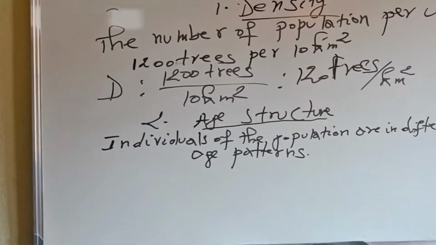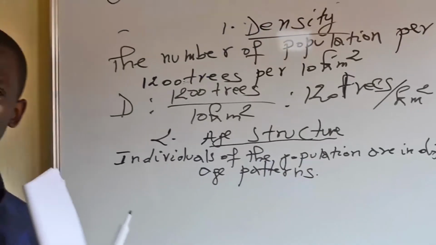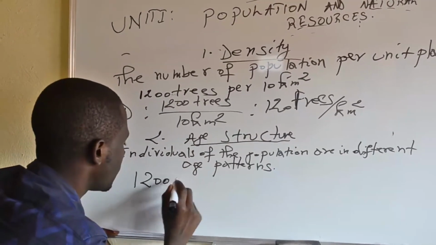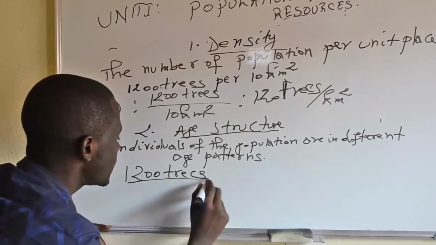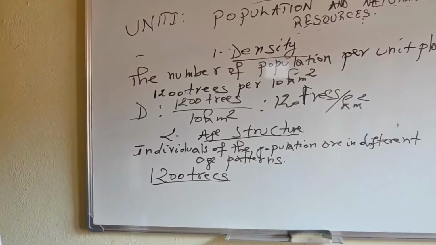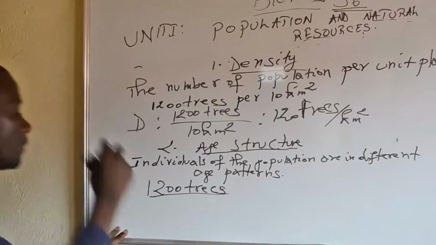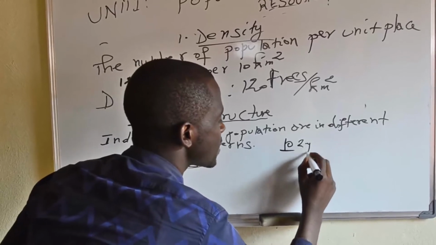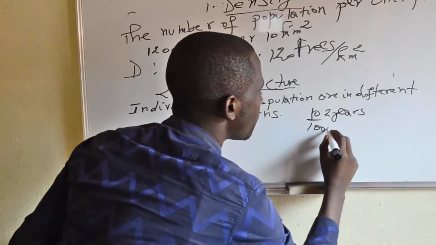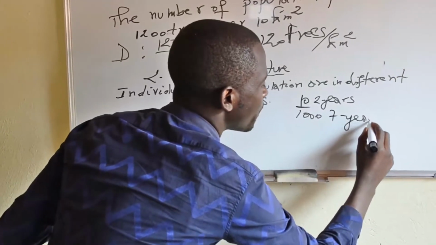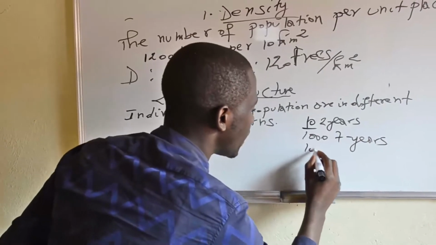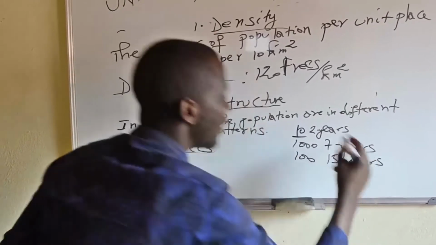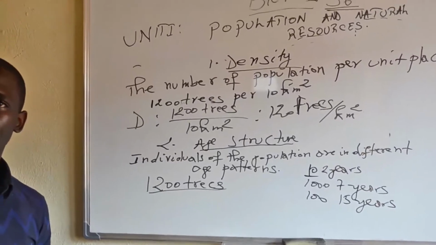For example, in these 1,200 trees that we took as an example, 10 of them can be of 2 years, 1,000 of them can be of 7 years, okay? and we can say another 100 of them maybe 15 years, okay? This is an age structure of the population, okay?